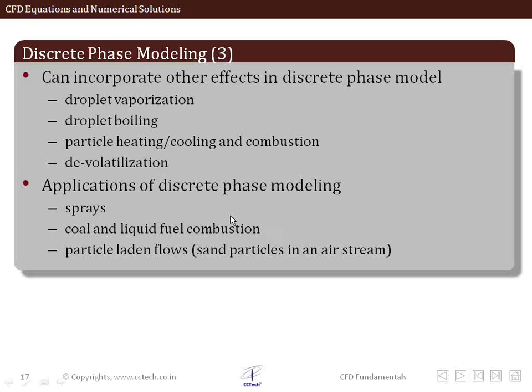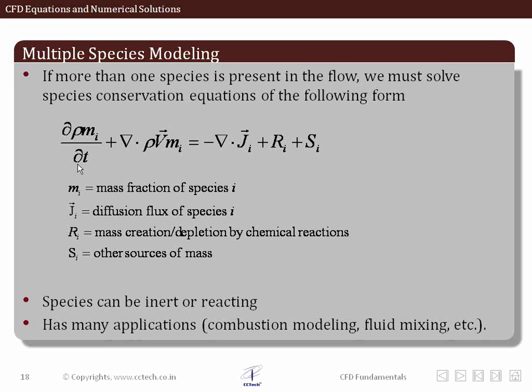In all these cases we can also couple the droplet vaporization or boiling effects, and for coal particles or other fuel substances we can include the devolatilization of solid fuels, where the volatile material gets vaporized out of the solid surface into the ambient, where the combustion can take place. So a lot of advanced features are available in the standard CFD equations.